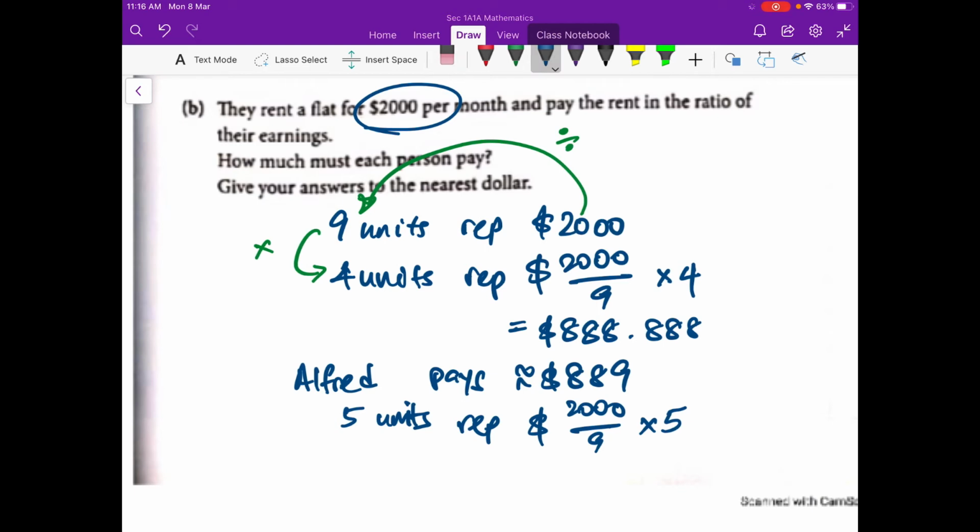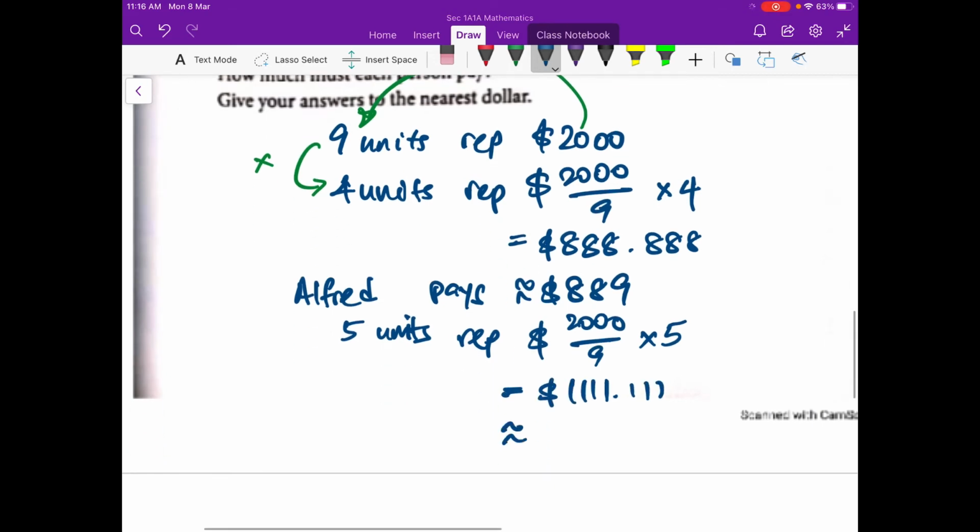You get 1111.111, so that is rounded off to become 1111. So James pays this amount. These two values add up to be $2,000 as expected.